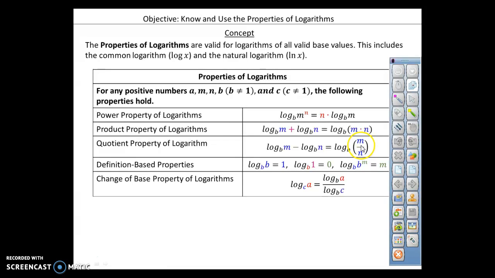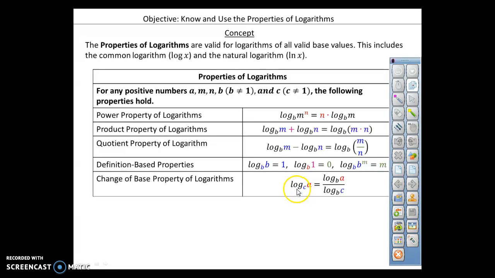Once we have an expression of a single logarithm, such as log base b of m to the power of n, or log base b of m times n, or m divided by n, then we can use definition-based properties, such as log base b of b equals 1, log base b of 1 equals 0, or log base b of b to the m power equals m, to help us with simplifying logarithmic expressions.